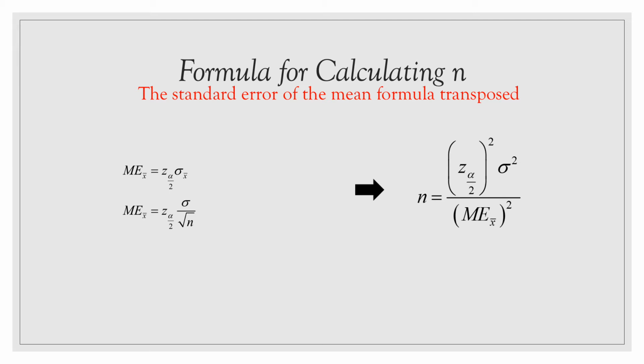Now, once that formula is transposed, the standard error of the mean is actually the standard deviation over the square root of n. So taking that second version of the formula and transposing it for n, we would realize that we can calculate our sample size by squaring our z critical, timesing it by our standard deviation all square, and dividing it by the margin of error all square as well.